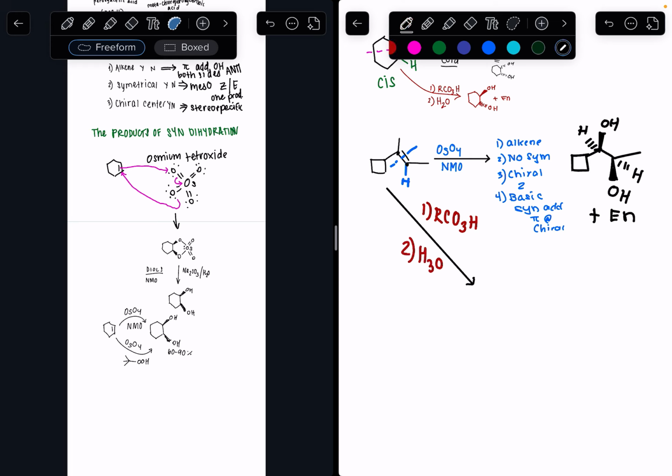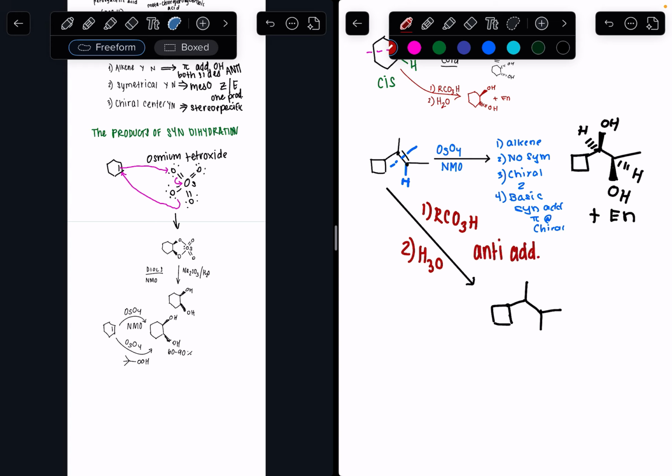Okay, so let me start off by drawing my functional groups. Okay. And I've broken that pi bond. First thing first, I know it's an acid, so it's going to be anti-addition.